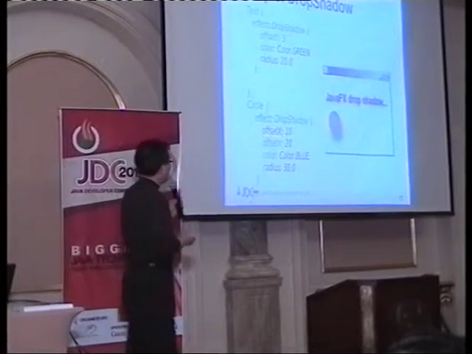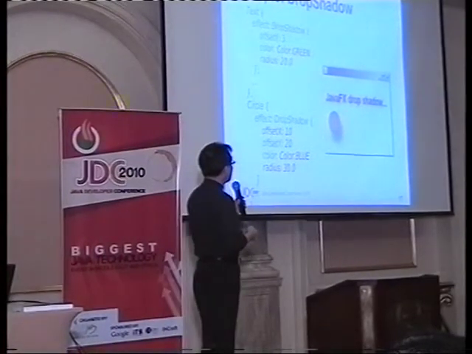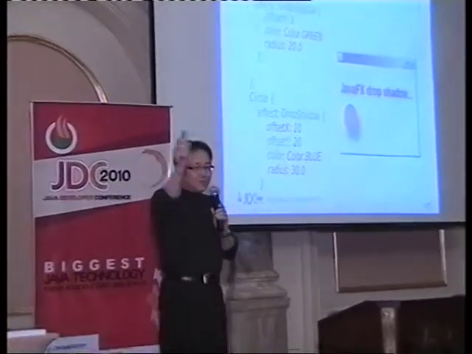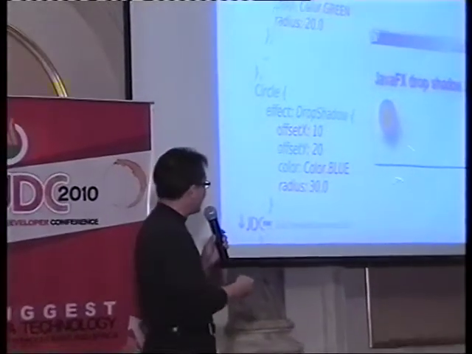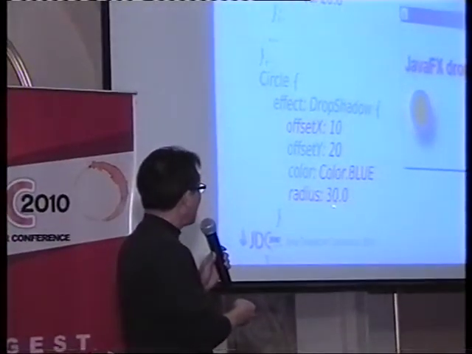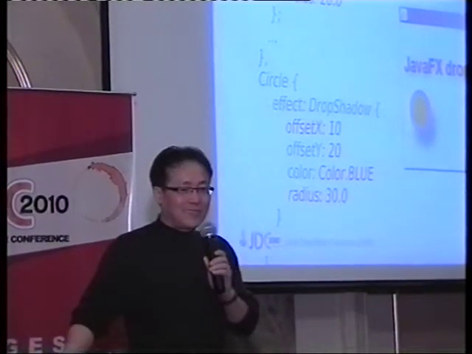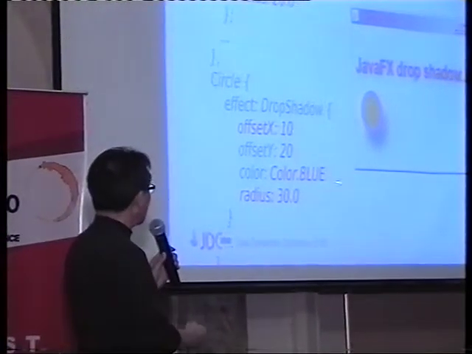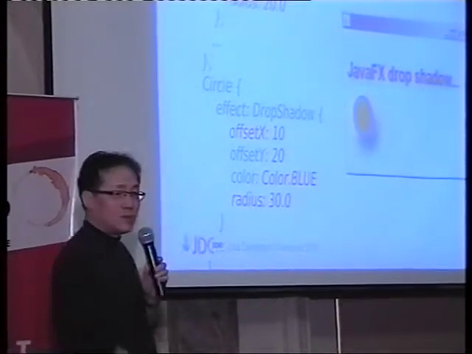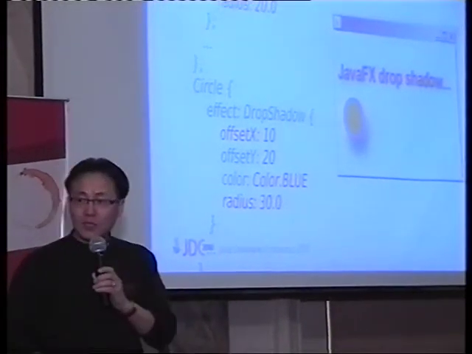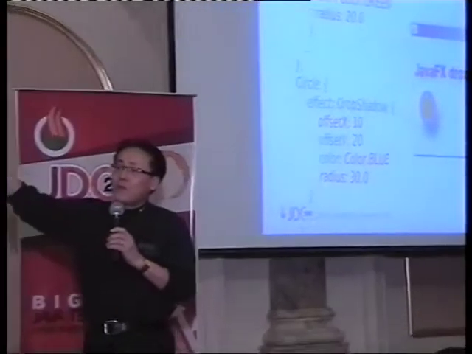Here, I'm setting the offset X to 10, so you can see it moved to the right a bit, and also changing the radius to 30 pixels, so you can see the drop shadow increase in size. And also changing the color to blue. Okay, pretty straightforward. So you can apply any kind of effect to any node in the scene graph tree structure. That's so powerful.